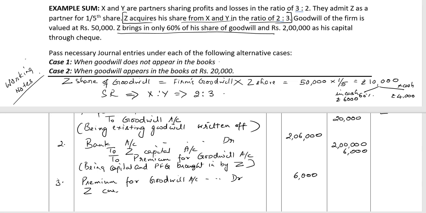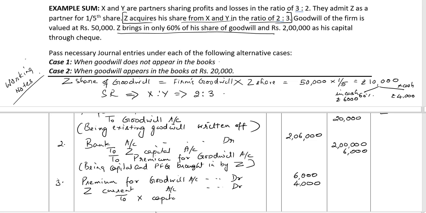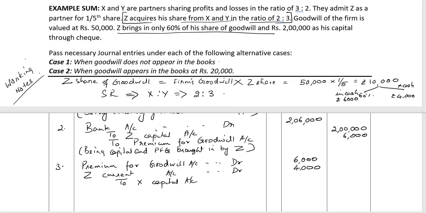For the balance amount, I'll debit Z's current account, 4,000 rupees, to X capital account, to Y capital account. 10,000 rupees Z's share of goodwill to be divided in sacrificing ratio.